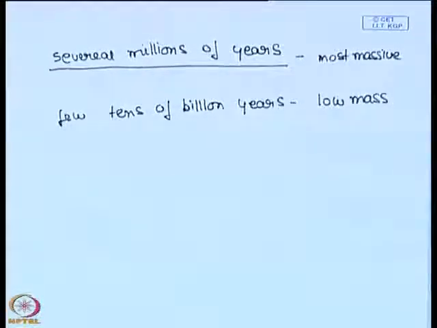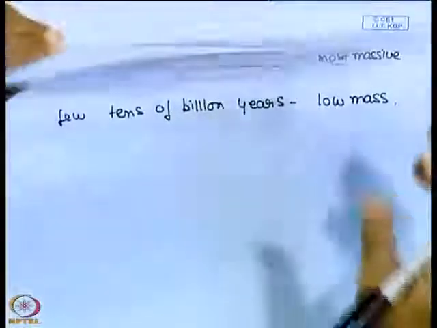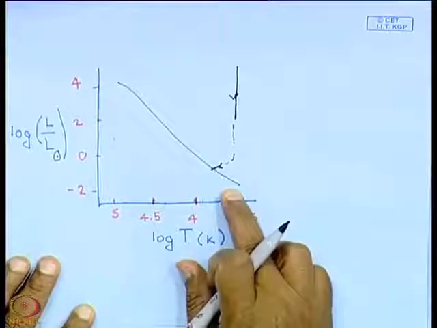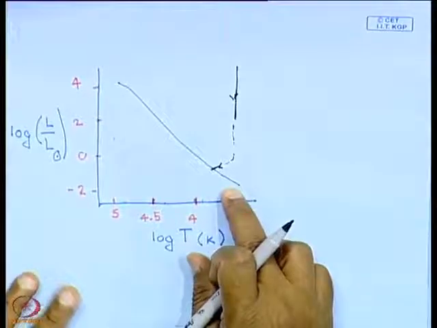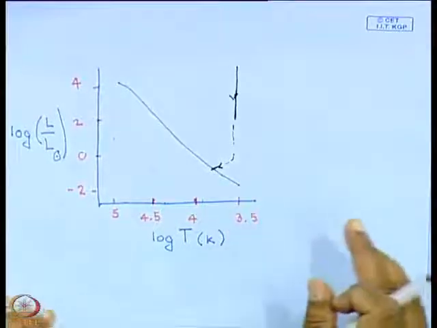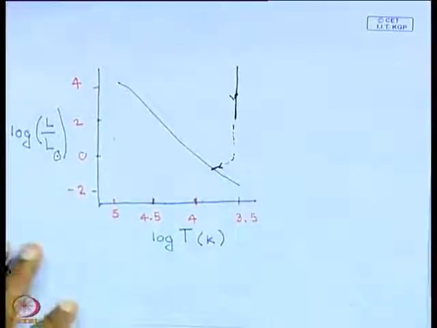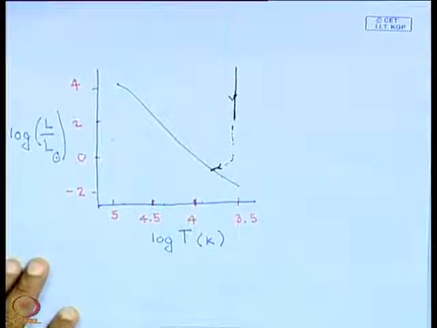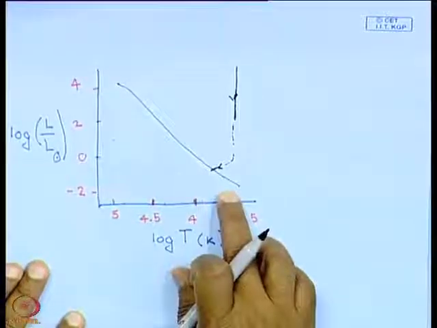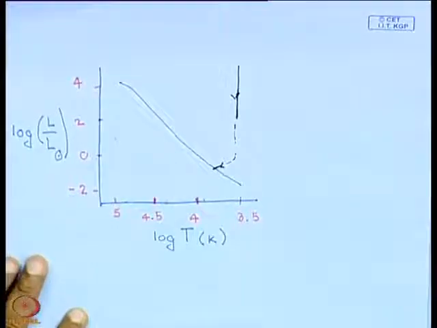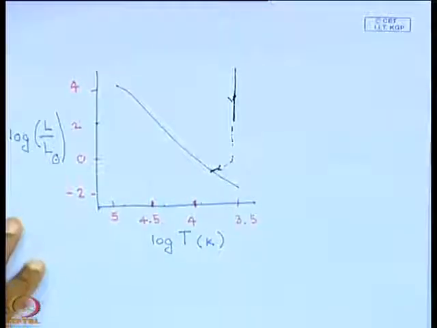So the lifetime on the main sequence, where it is burning hydrogen, varies. A more massive star is more luminous, that you can see from here, it burns away its hydrogen rather fast, whereas a less massive star burns its hydrogen slowly, its luminosity is low, and it lives a long life.